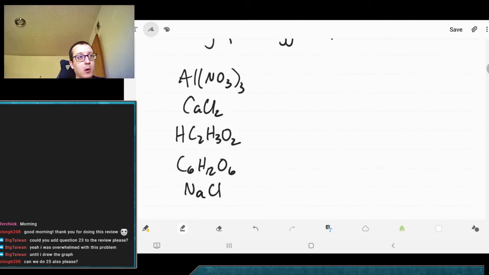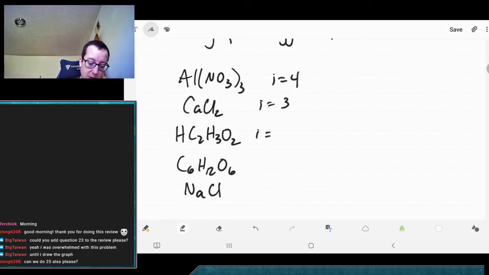So what we're looking for is the I value for these. If we break aluminum nitrate up, we get an I of 4, right? We have 1 aluminum, 3 nitrates. What you can do is just add the subscripts up. 1 aluminum, 3 nitrates, add those up, you get 4. Calcium chloride, 1 calcium, 2 chlorides, I equals 3.